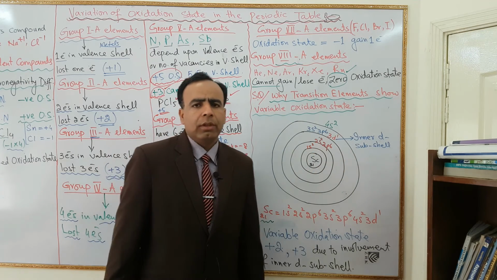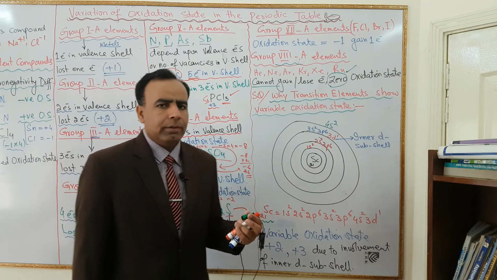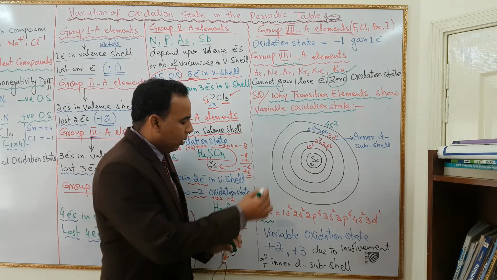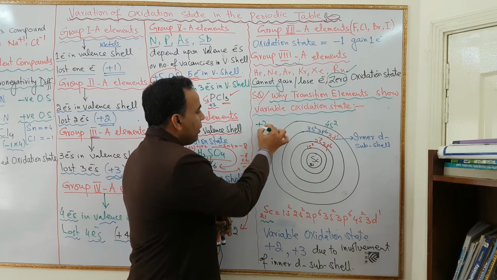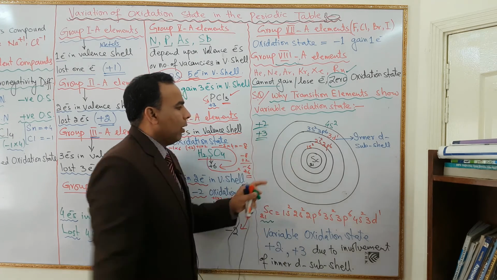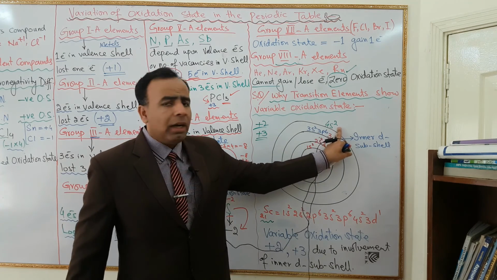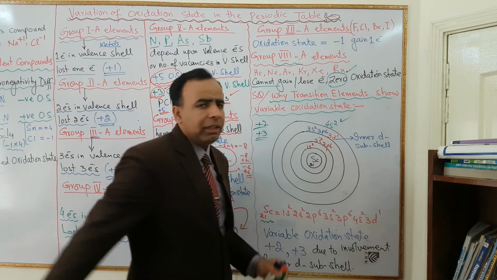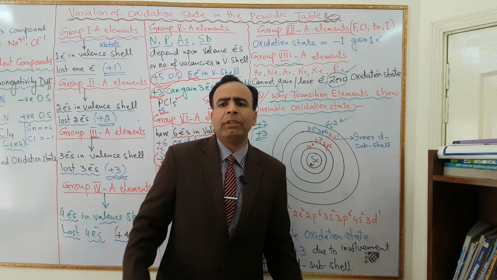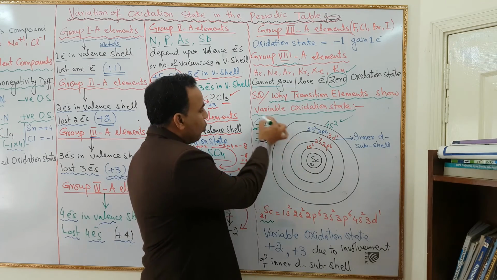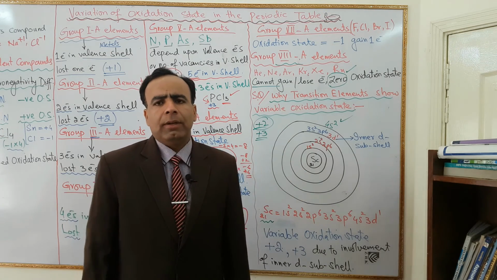Dear students, you must remember, when scandium shows +2 oxidation state, 2 electrons are removed from the valence shell, that is when 4s2 loses its 2 electrons, then scandium will show +2 oxidation state.